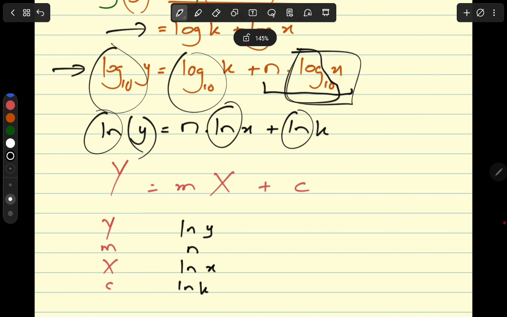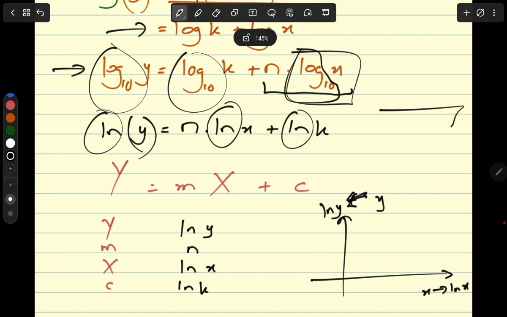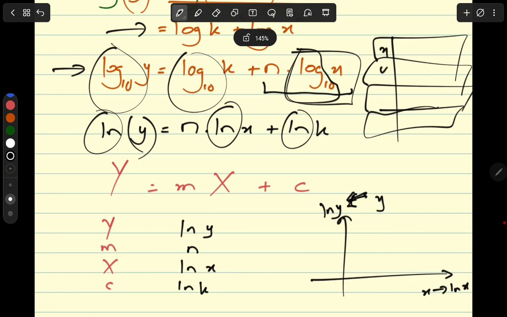Notice something different. This time both axes changed, right? So y changed into ln y. So all the observed values of y that we saw, we are going to take the ln of those. And all the observed values of x are going to change into ln x. So if you had observed values of x and y and you plotted an exponential curve, now take ln x of those values and ln y of those values.